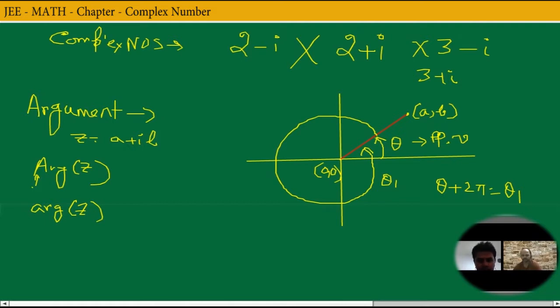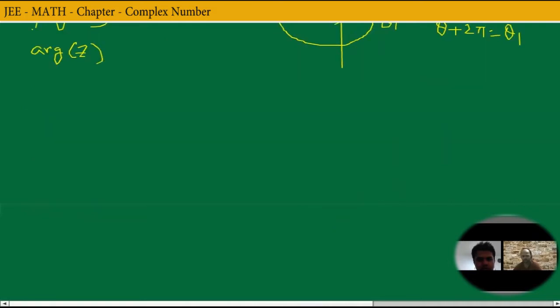Now, this is the geometrical aspect that I told you. Now the question is, how are we supposed to do operations, like addition? Suppose we are going to add these two, 2 plus 3i and 3 minus 4i.